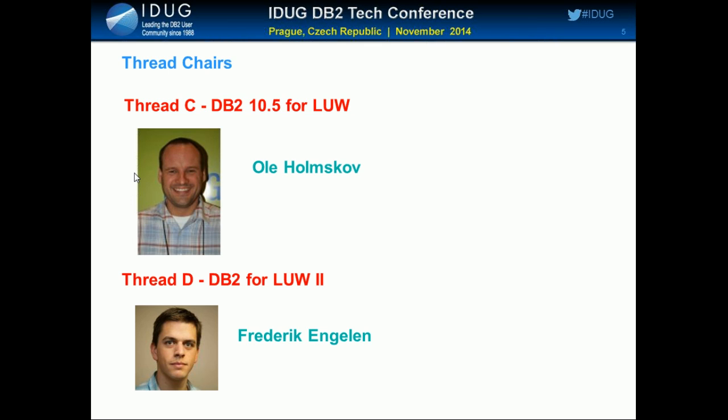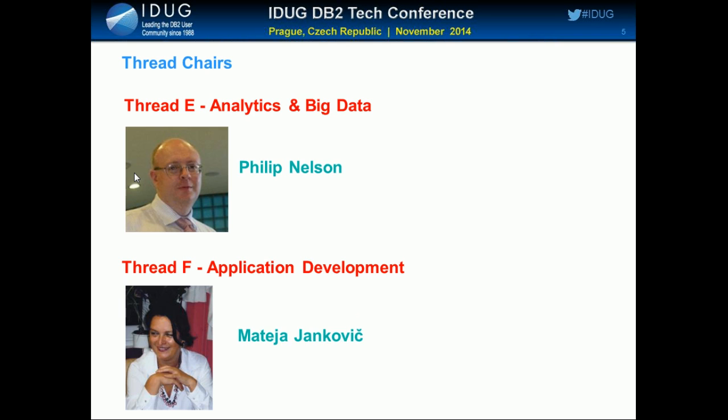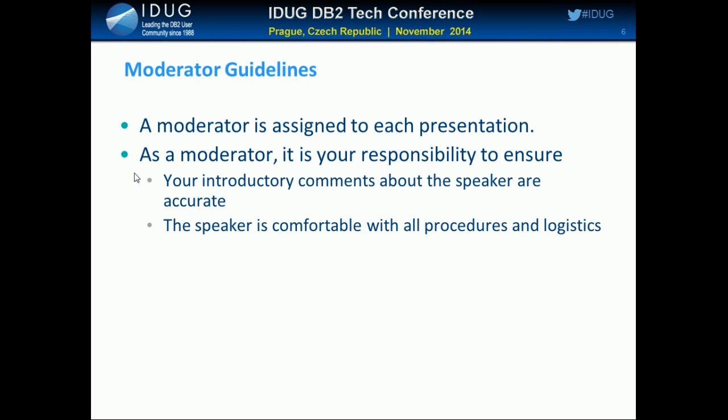Thread C and D, the LUW tracks: thread C, the chair is Ole Homskov, and thread D, it's Frederick. And finally, thread E and F: the thread chairs are Philip Nelson for thread E, and Mateja leads the application development thread. These thread chairs are going to be your point of reference, and if there are any issues with the speaker or logistics, please contact them immediately.